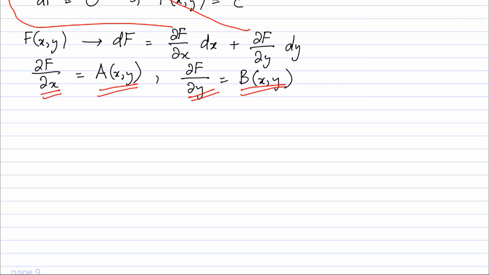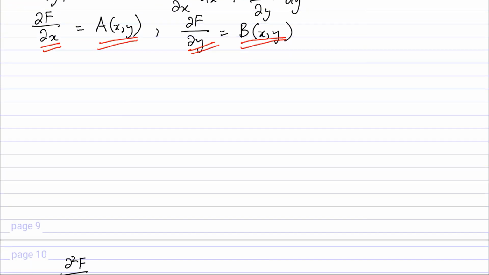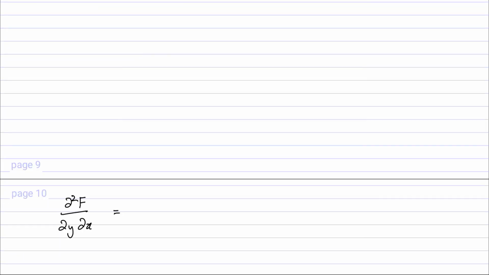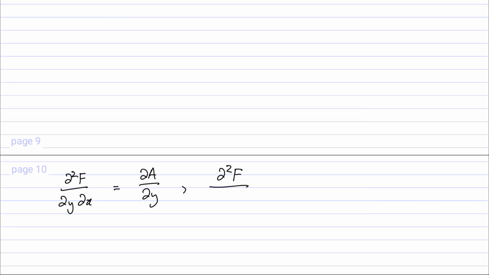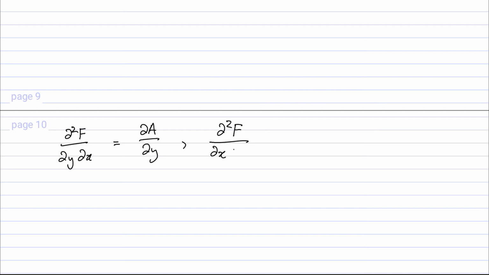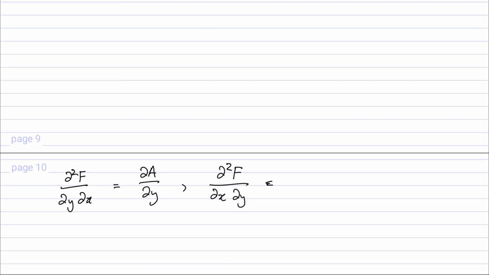The partial of F with respect to x and y is equal to the partial of a with respect to y, and the partial of F with respect to y and x has to be equal to the partial of b with respect to x.